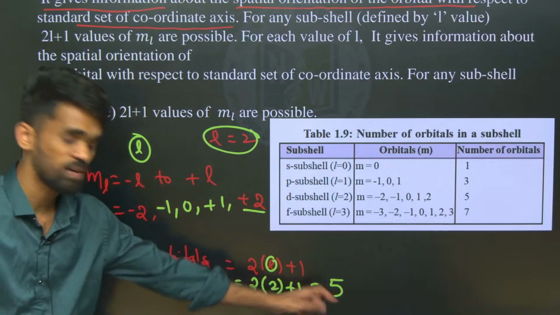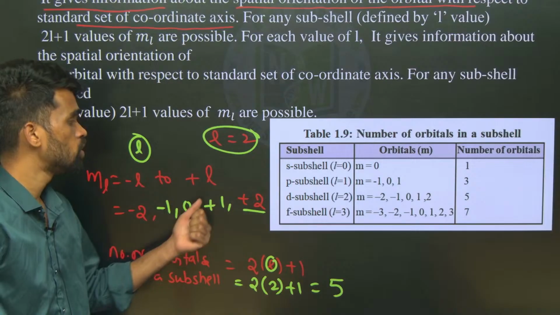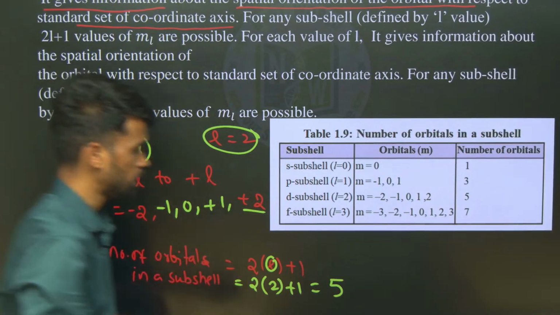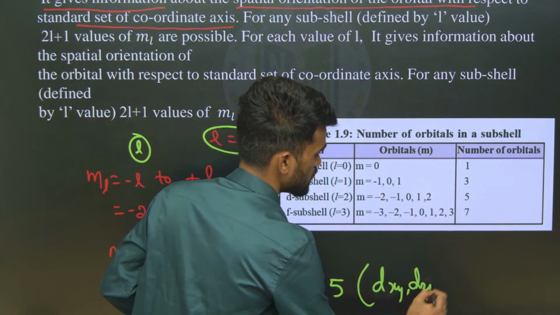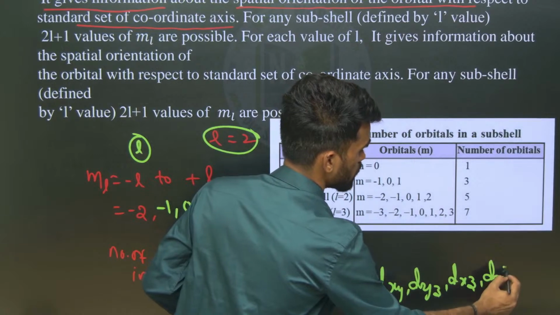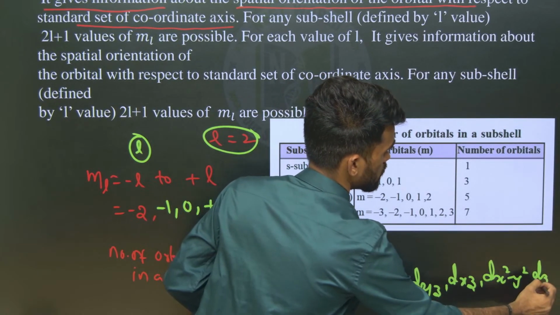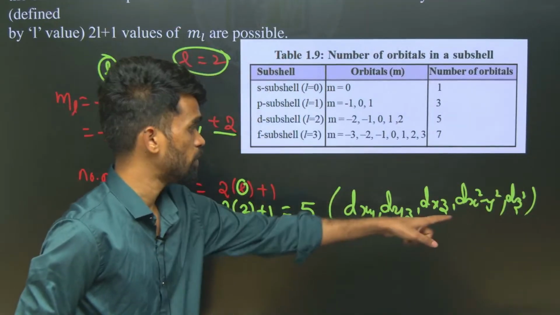That is minus 2, minus 1, 0, plus 1, plus 2, or you indicate them as dxy, dyz, dxz, dx square minus y square, and dz square. These are the 5 d orbitals.